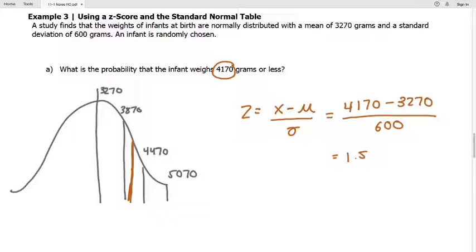All right, now please go to the table that is on page 2 of the notes, and let's find 1.5 on that table. So go down to the row that says +1, and then go across to 0.5. So row 1, column 0.5, and we get this value, 0.9332.